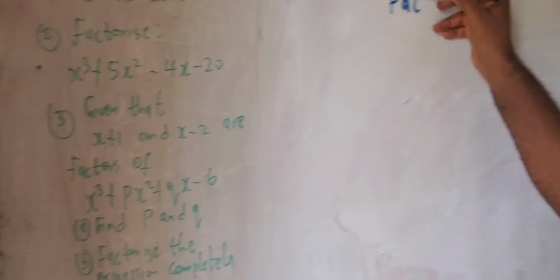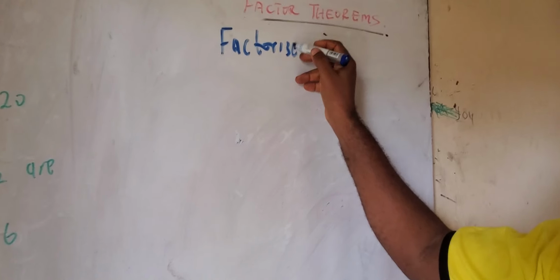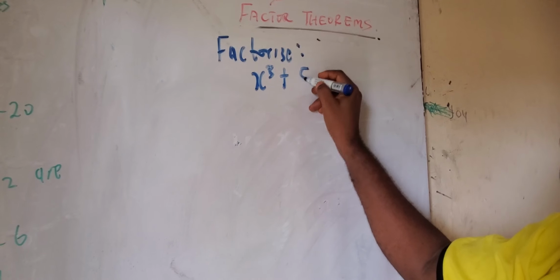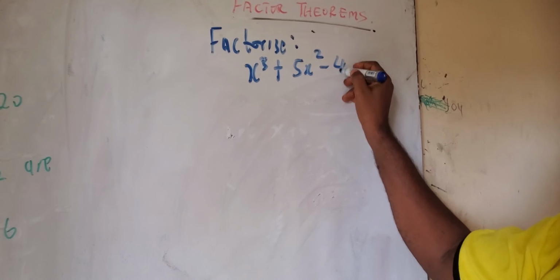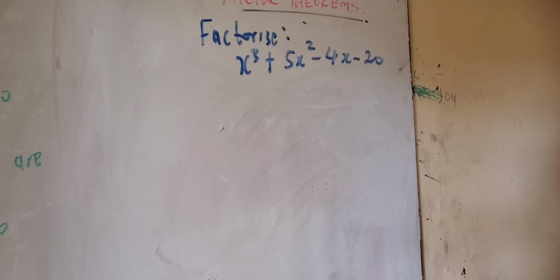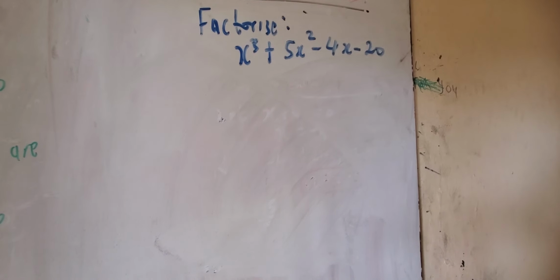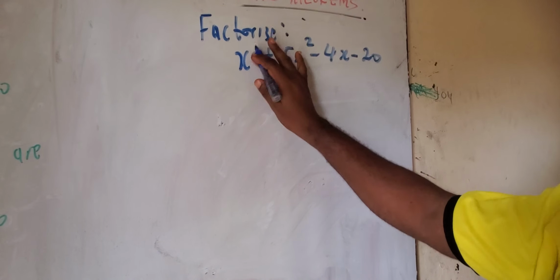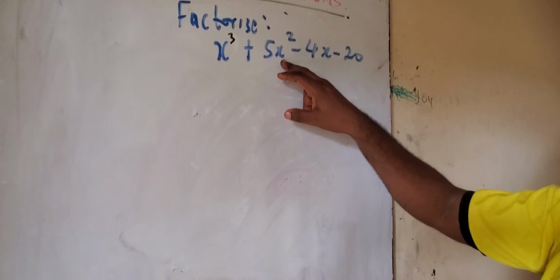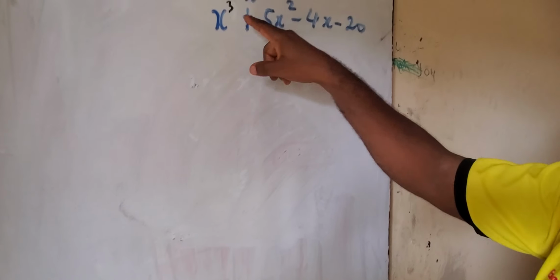Factorize x cubed plus 5x squared minus 4x minus 20. To factorize this particular polynomial, we normally look at the highest power of the single variable x. The highest power is 3.